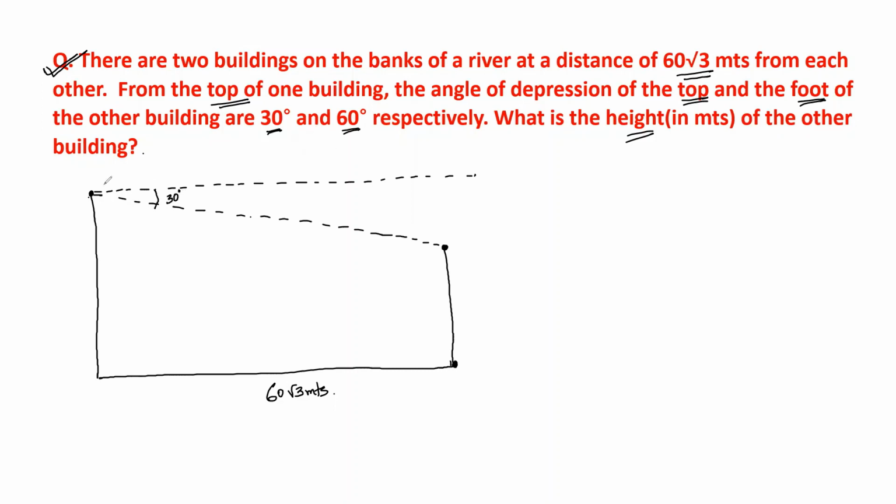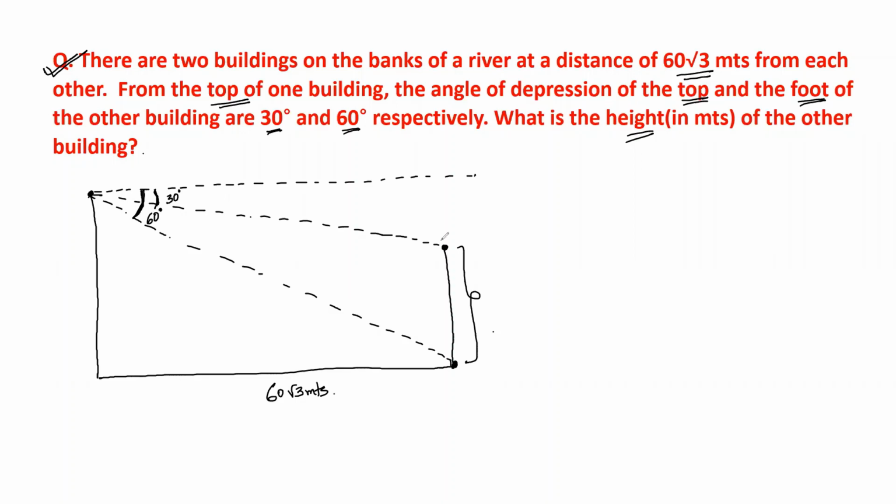In a similar way, from the top of this building, the angle of depression of the foot of this building is 60 degrees. So if we draw the line of sight from the top of this building to the foot of this building, in that case, this angle would be 60 degrees. So this angle is 30 degrees and this angle is 60 degrees and we need to find the height of the other building, that is this height.